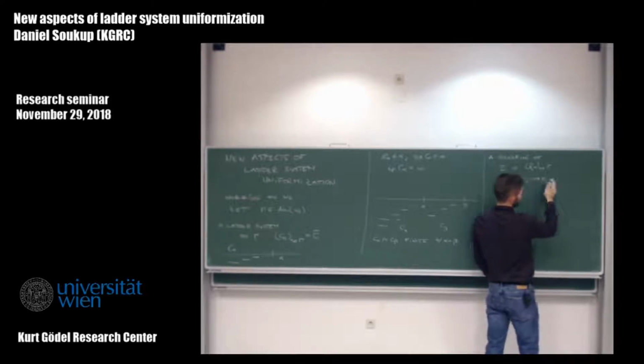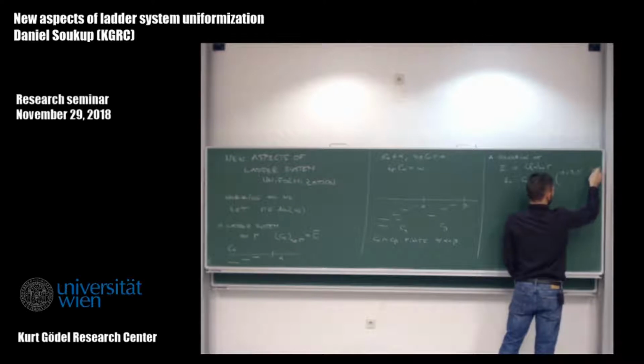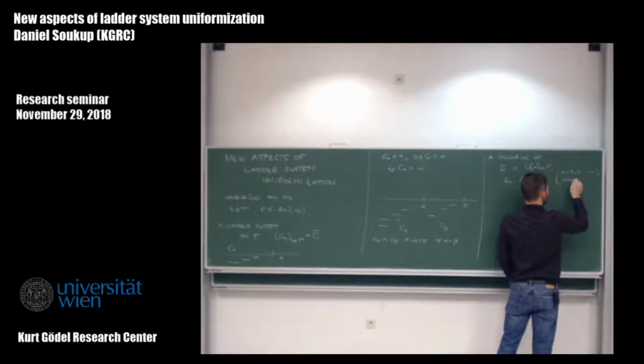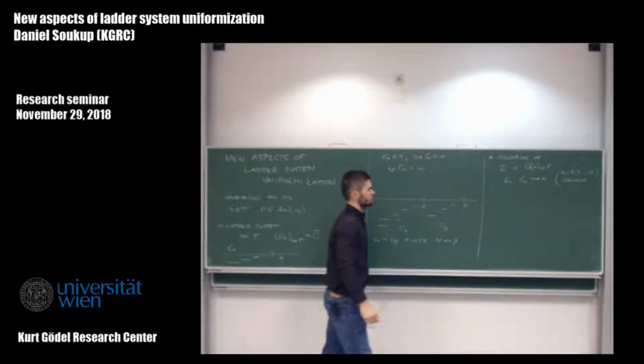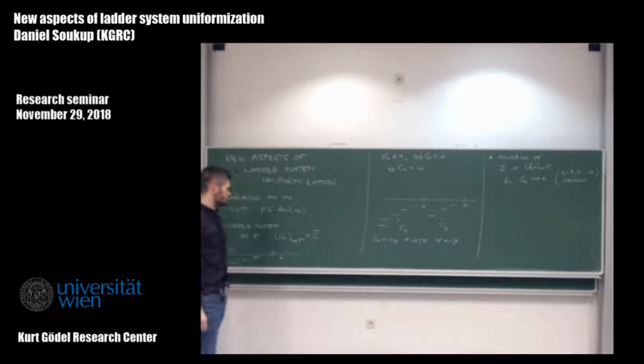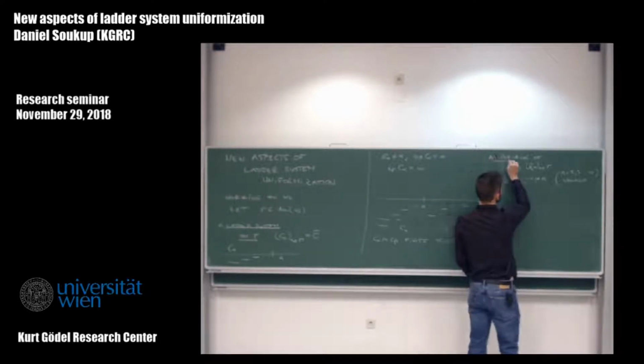We're going to color with n colors. N is 2, 3, 4, whatever, or omega usually. So at most countably many colors. So we have ladder systems, and we have a coloring of a ladder system.